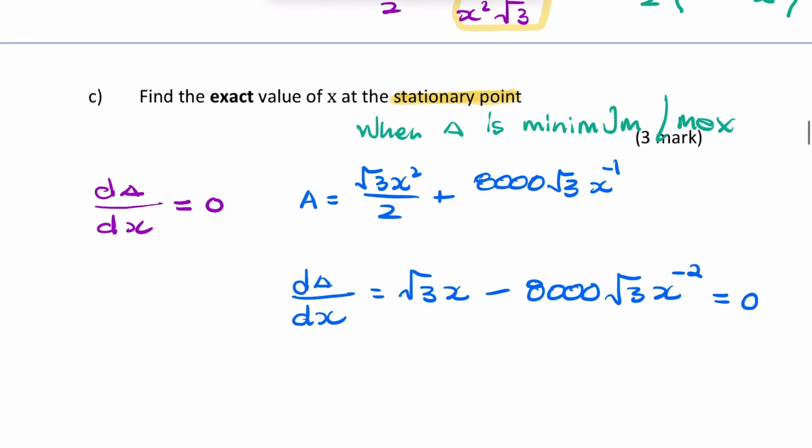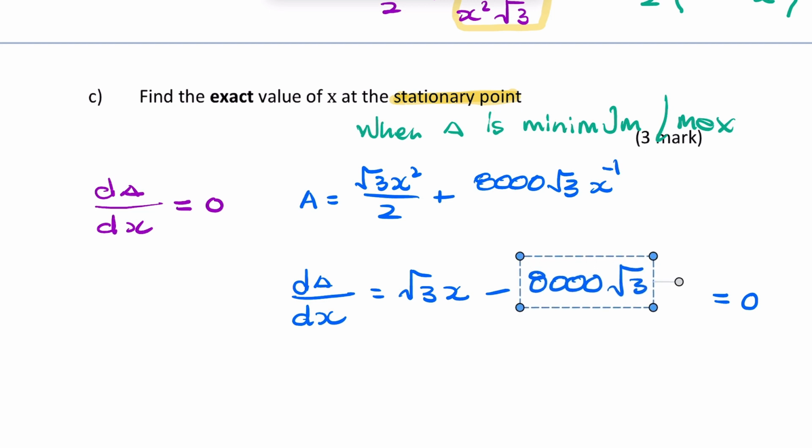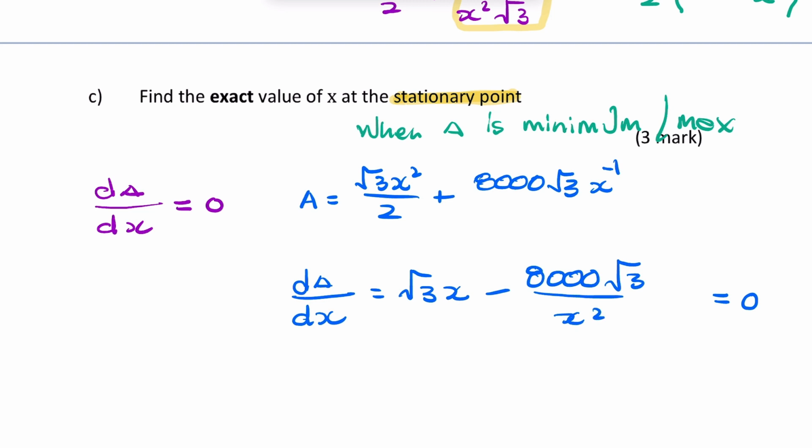So now the question is, how do we solve this? It looks almost like a quadratic, but it isn't because we've got a negative power. So if you rewrite the negative power as x squared in the denominator, it becomes a little bit clearer what we need to do.